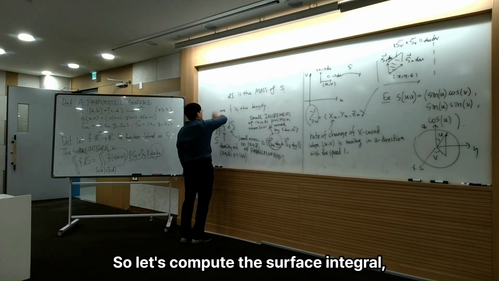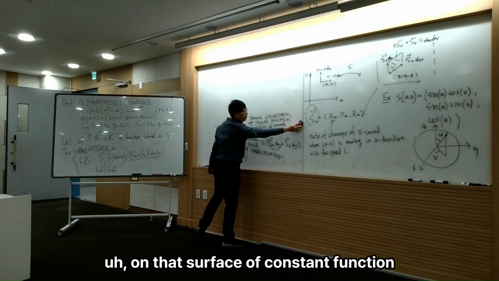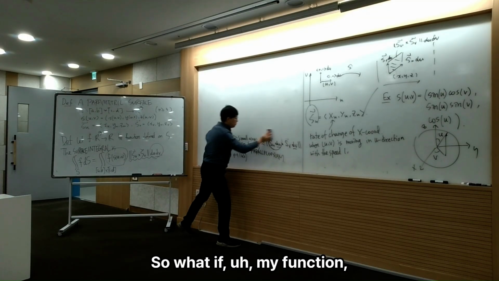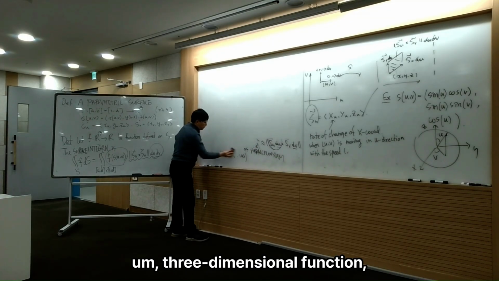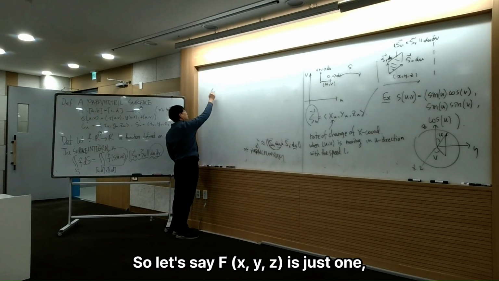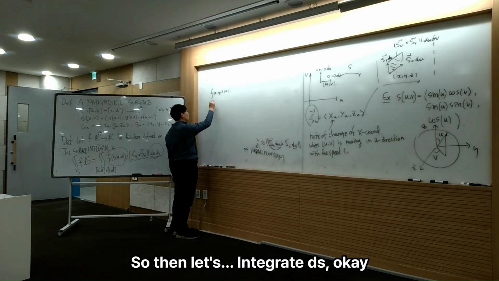So let's compute the surface integral on that surface of a constant function. So what if my function, a three-variable function, is constant? Let's say f(x, y, z) is just 1, no matter what x, y, z is. So then let's integrate dS.